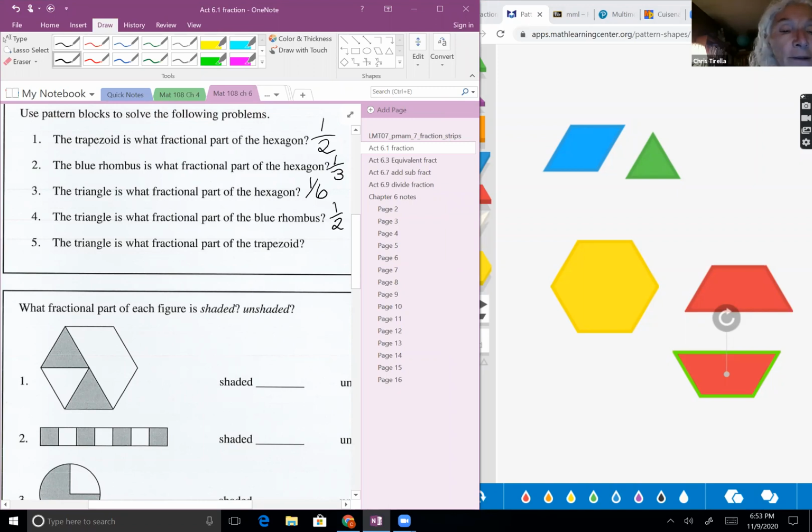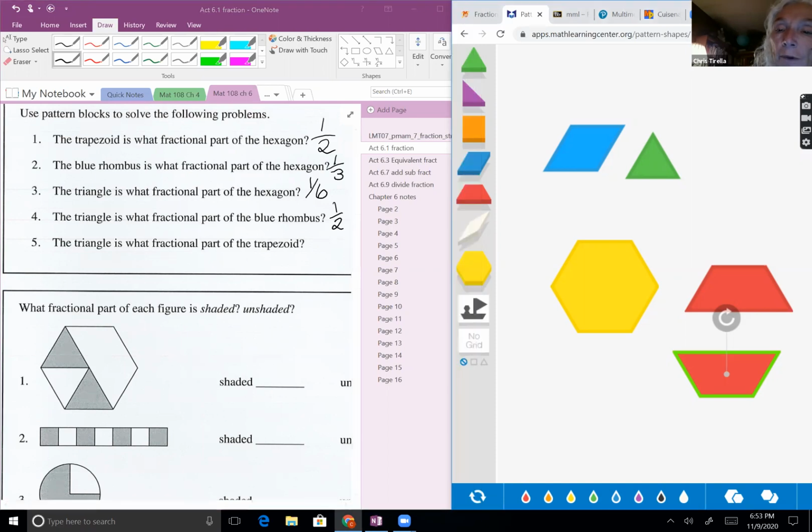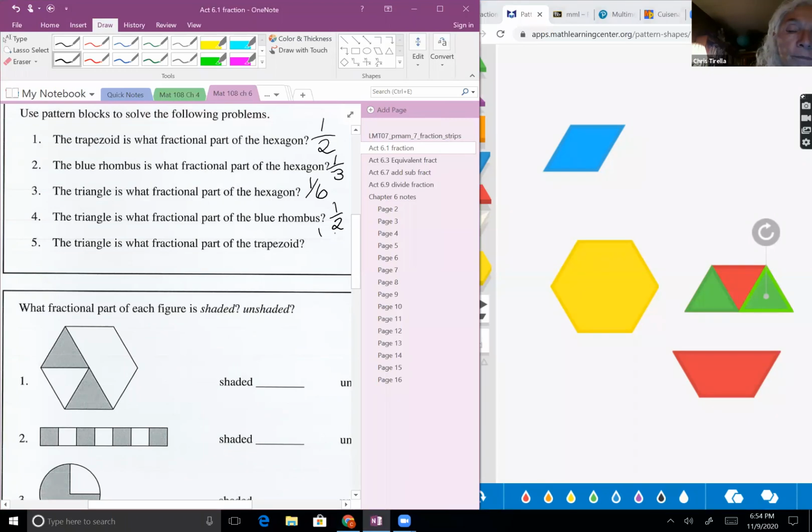And then lastly, the triangle would be what fraction of the trapezoid? One third because three triangles fit on the trapezoid. Beautiful. And sort of a fun way of looking at those fractions.